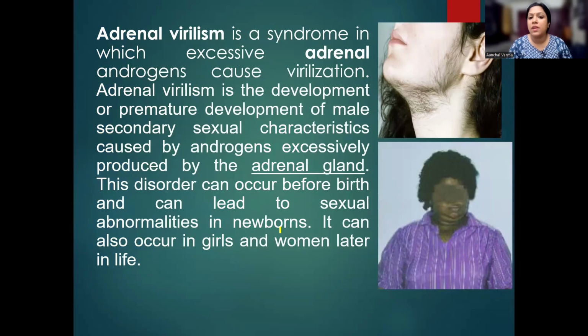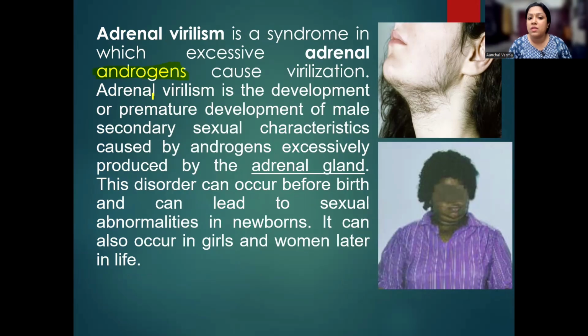Then adrenal virilism is a syndrome in which excessive adrenal androgens are released. Now, androgens, as I told you, mimic the sex hormones. So generally, if it mimics the sex hormones in females, they tend to develop a beard and mustache. And if it happens in males, they tend to develop breast-like structures. That is called gynecomastia.